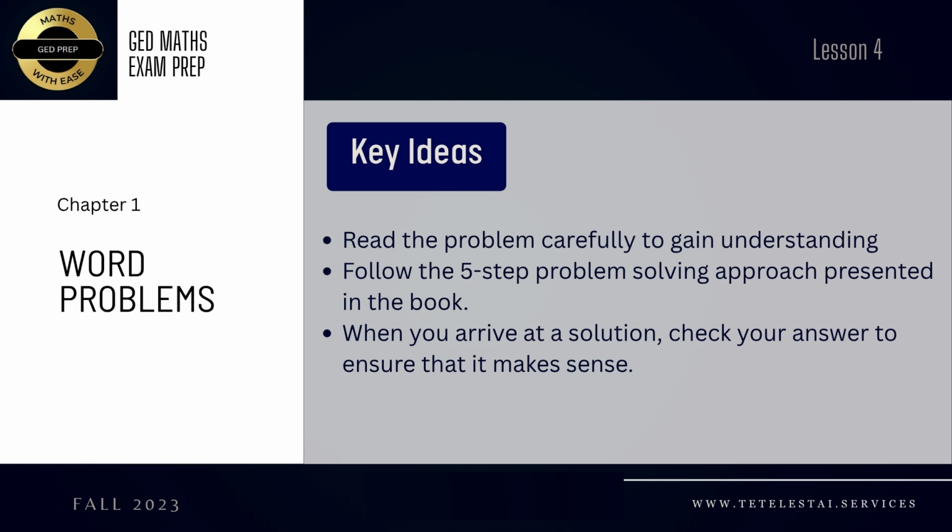Don't get distracted. Read the question carefully and determine what information from the question you actually need to answer the question. And we'll see some examples of what that means in a little bit. And then once you've found your answer, you can check that it makes sense.